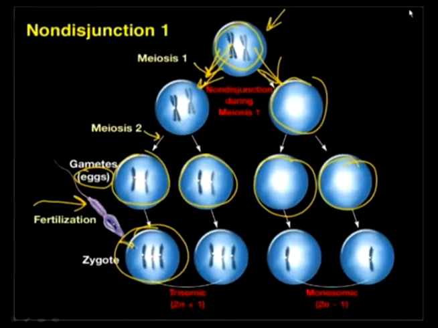Let's introduce the term trisomy. If you have 1 extra, if you're 2n plus 1, you are a trisomic, or you have trisomy, all right? So both these individuals resulting from the gametes that got an extra copy now have 3 copies, and they're trisomic.